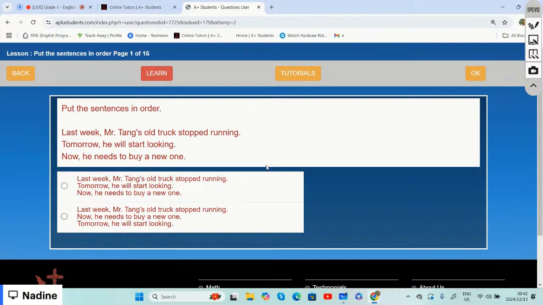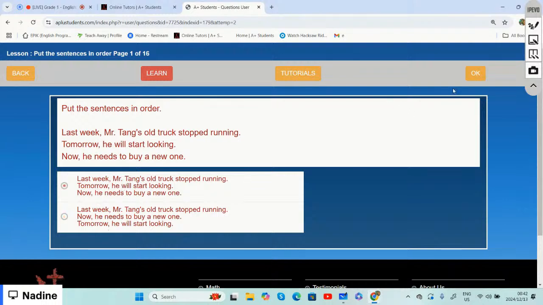And if we were to choose the correct option, remember in order, right? At first, last week it happened. The truck stopped running. Now he needs to go and buy a new one, but he will start looking tomorrow.